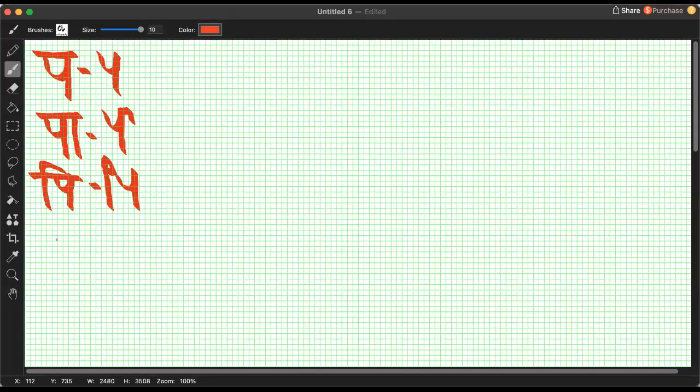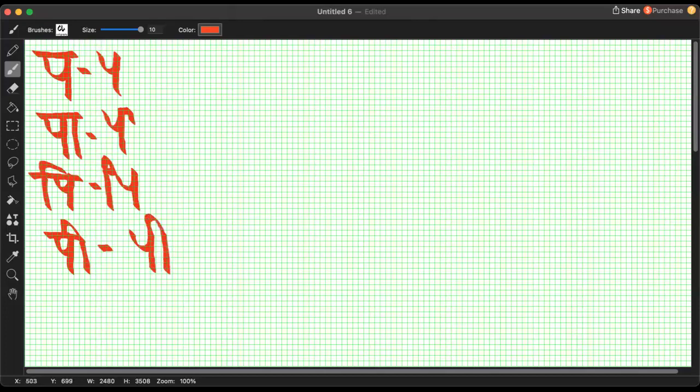Next we have P. This is Devanagari. And in Sharda, if you're writing it, you first write per, and on the right side of the alphabet, you add this E matra.